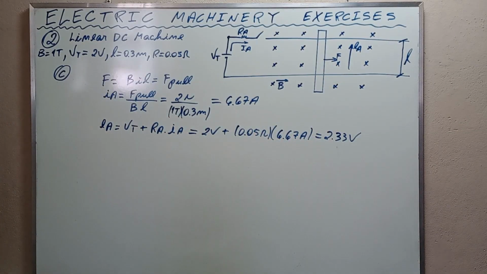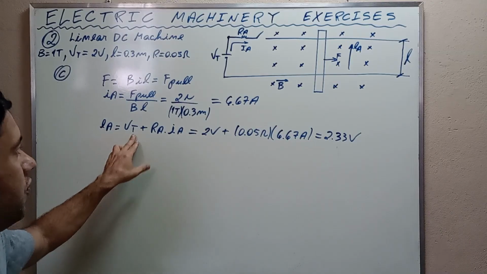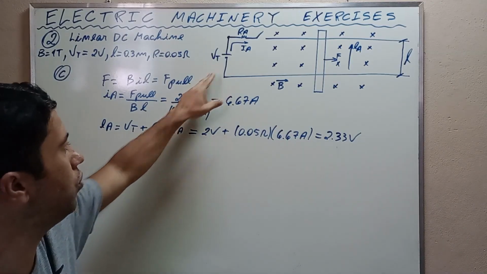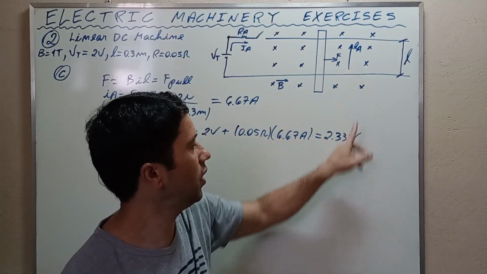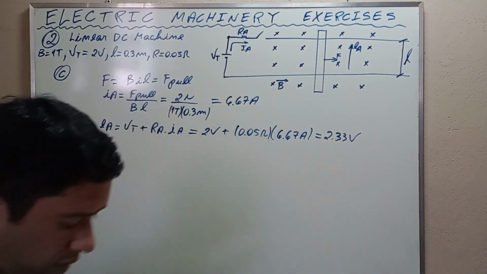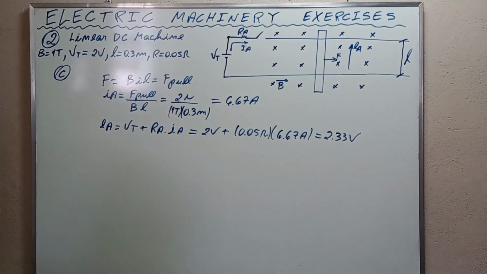Alright, my friends, and observe that it exceeds Vt. Vt is 2 and EA is 2.33. With this information that we just found, we can find the steady state speed.